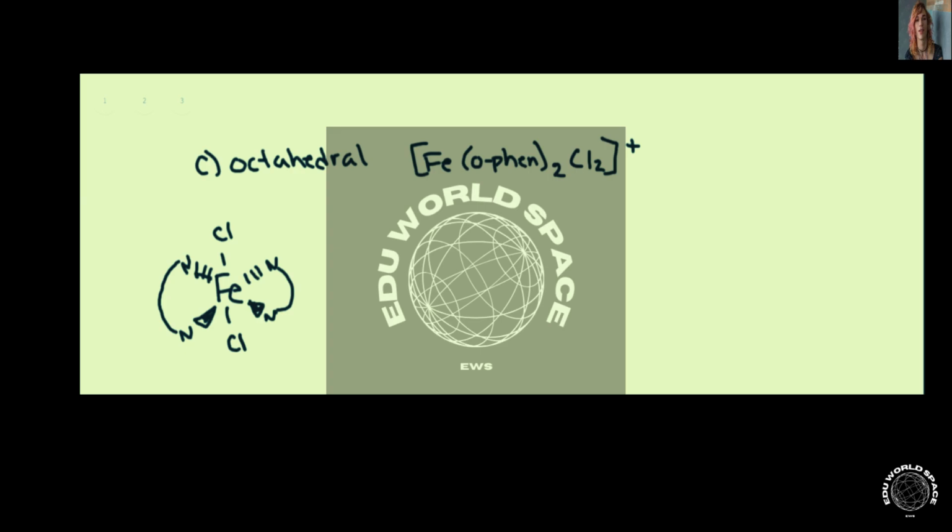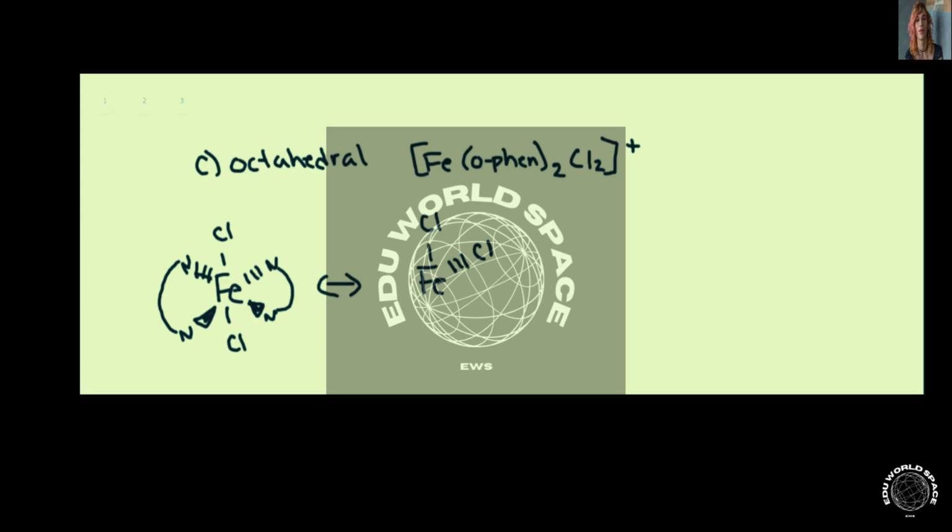Now, you could imagine the way that these molecules are oriented can be a couple of different ways. So a second isomer is where we have the chlorines right next to each other.